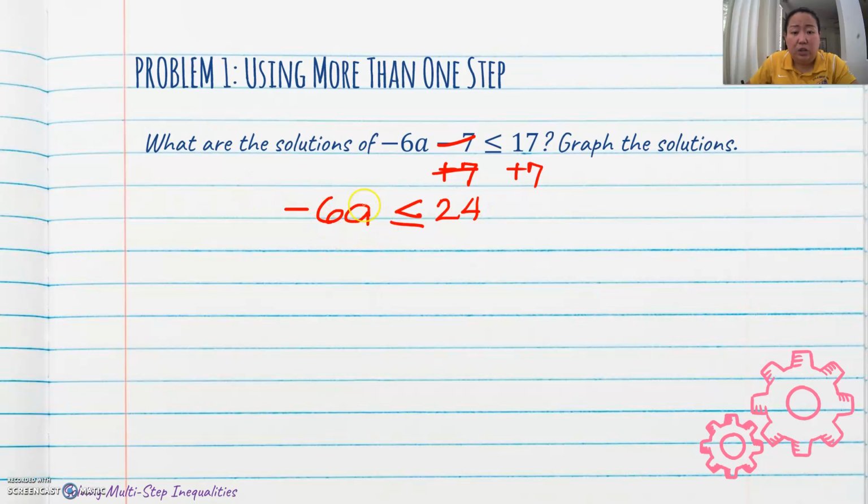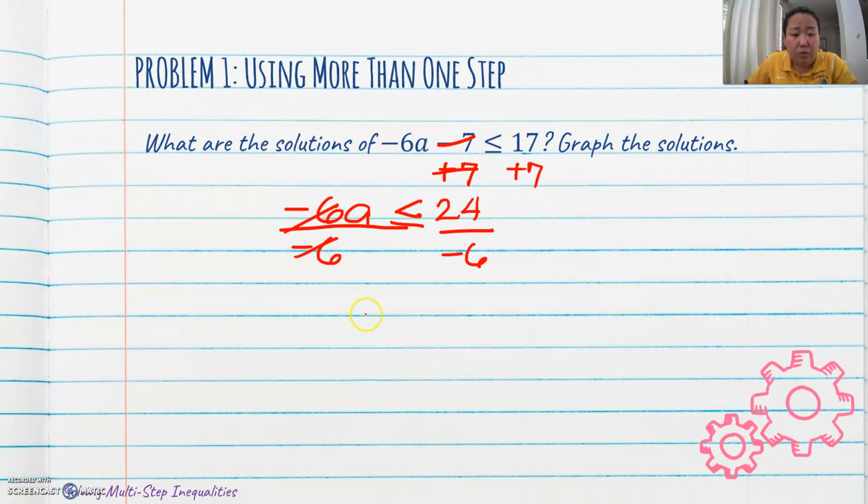Okay, so we need to isolate our a, and a is multiplied to negative 6. It is not subtracted by 6. Okay, so we will divide by negative 6. Negative 6 divided by negative 6 is positive 1. All right, 24 will also be divided by negative 6.